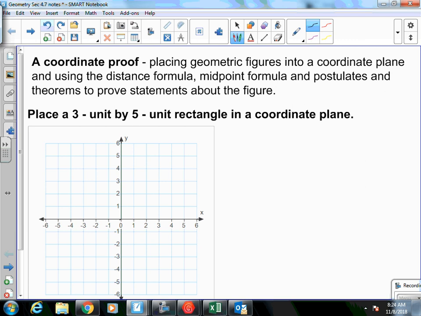So we're going to go to the right 3 and up 5. Try to draw a line straight. Not very good at that. So 3-unit by 5-unit, anywhere in here.